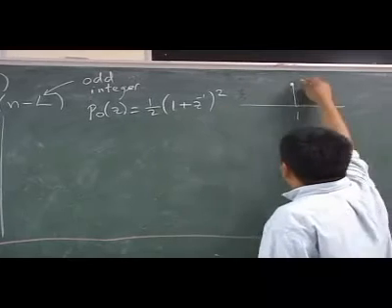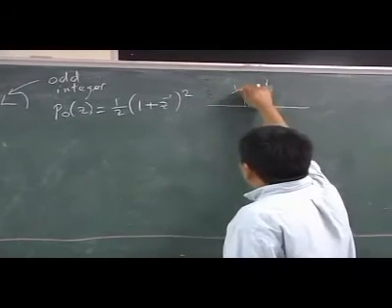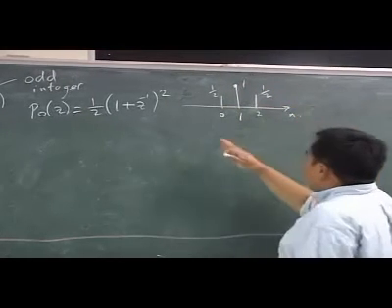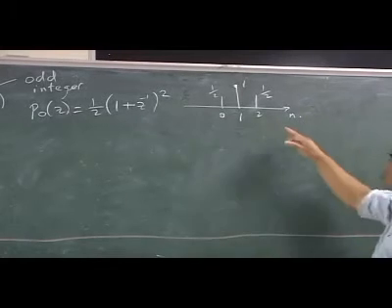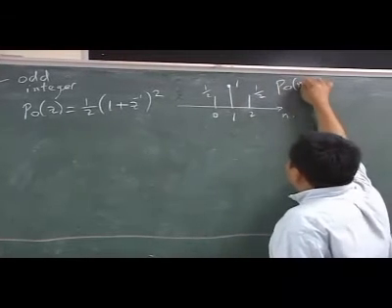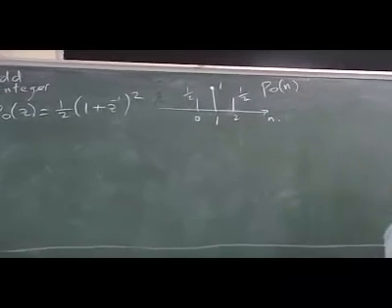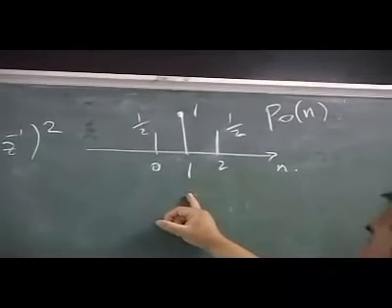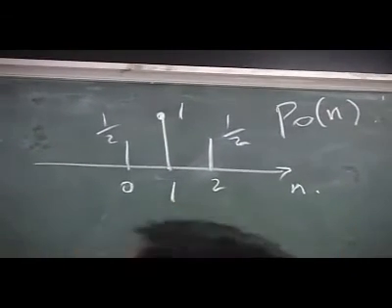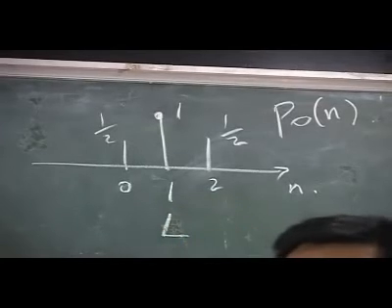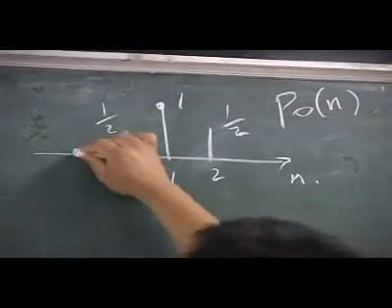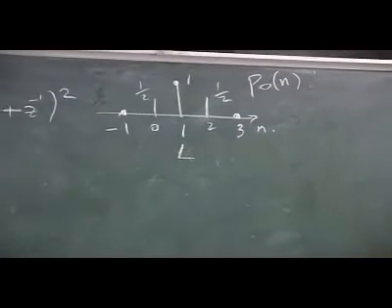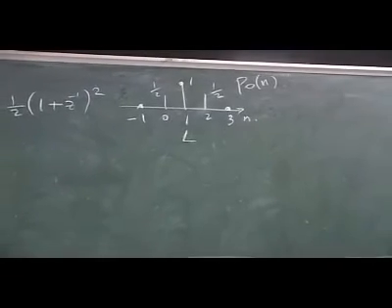So you have 1 at n equals 1, and 1/2 at 0 and 1/2 at 2, and 0 elsewhere. That's how the impulse response P0 of n looks. Is this a half-band filter? Yes, because it is 1 at an odd integer L. If L is 1 in this case, then 2 points away from it, at minus 1 and 3, it is 0, and so on. So this is one of the very simple half-band filters.